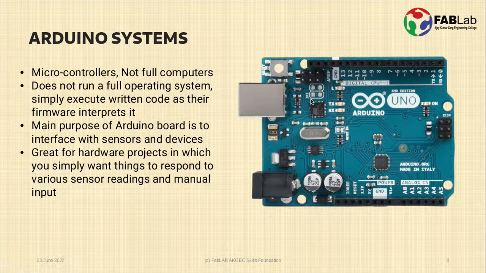The next thing that is important while we are using Arduino is that it does not run a full operating system. Actually, any 8-bit microcontroller does not run a full operating system. There is no operating system which can support an 8-bit microcontroller as well. So we don't have any operating system here.